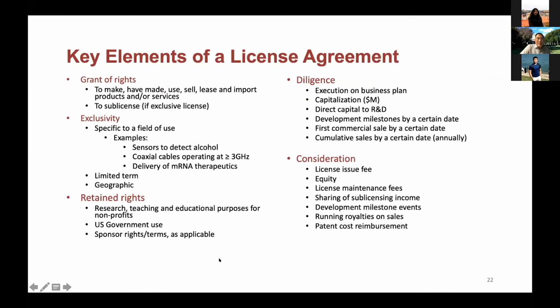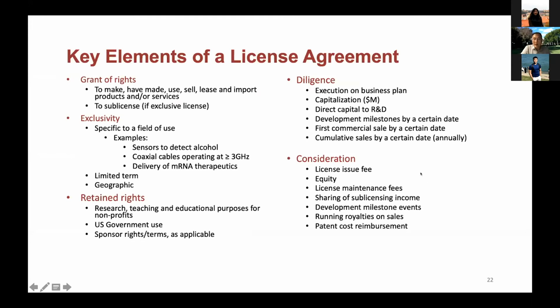And the key elements for a license agreement, this is also MIT's practice. I don't have to go through all these details. Basically, it starts with a grant of rights, exclusivity, retained rights, diligence, and consideration.